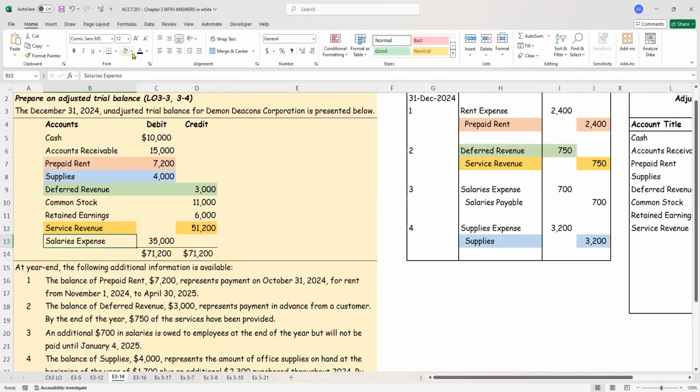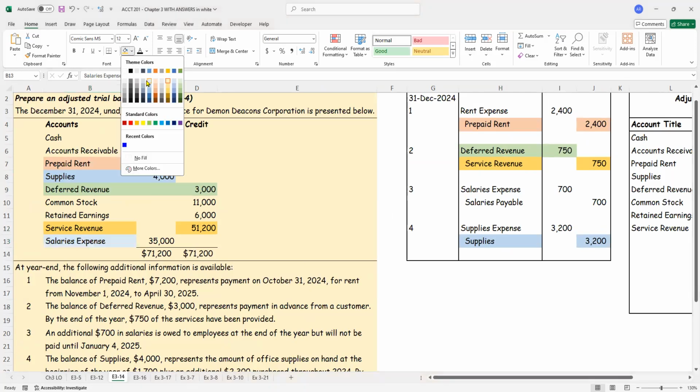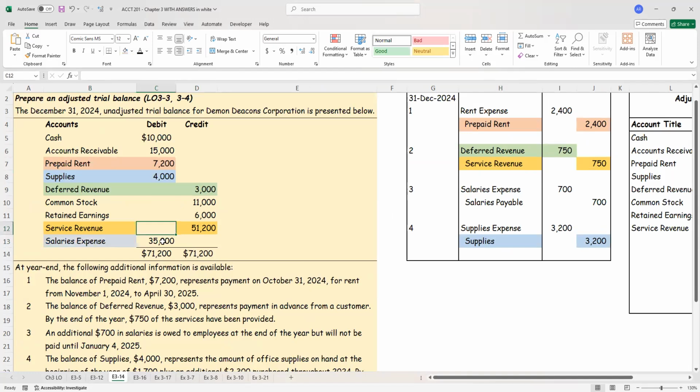Salaries expense. Salaries expense is 35,000. And here you had salaries expense, 700.